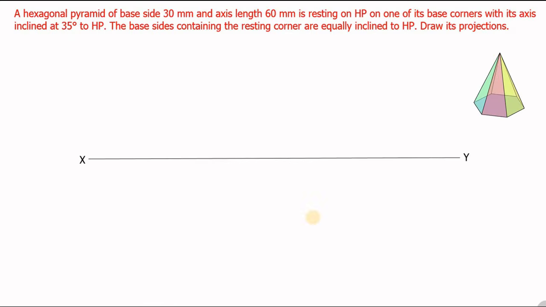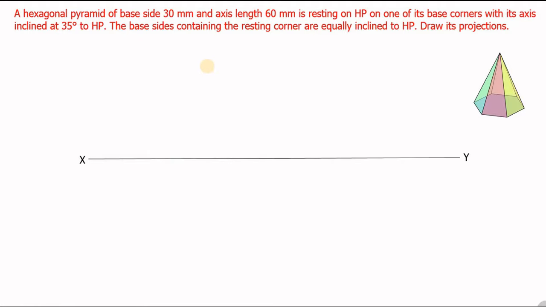First step, draw the XY reference line as usual. This is the solid; I have kept the solid for our reference. It is given that the pyramid is resting on HP. As with a plane, when it is resting on HP on one of its base sides or base corners, definitely the true shape of the pyramid will be visible in the top view.